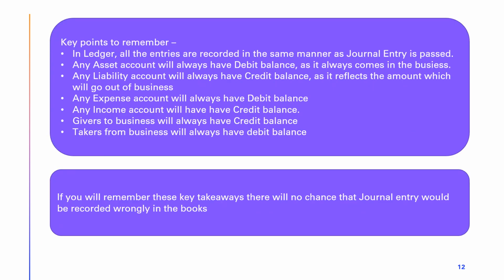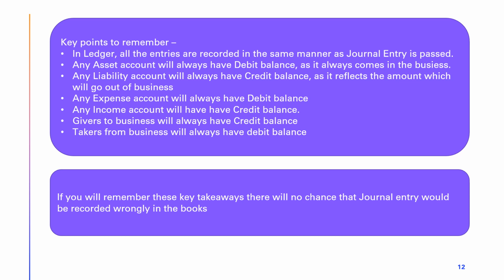Now after passing all the entries, you will notice that a real account, which is of asset nature, will always have more debit balance than credit balance, as it reflects amount which comes inside the business. Just the opposite is for liability nature. It will always reflect credit balance as it reflects the balance which will go out of the business.